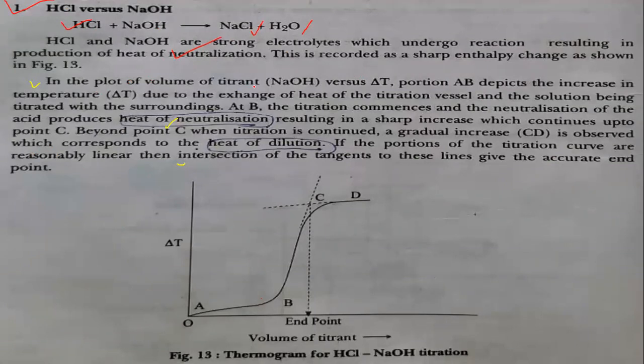In the plot of volume of titrant NaOH versus delta T, portion AB depicts the increase in temperature due to the exchange of heat of the titration vessel and the solution being titrated with the surroundings.